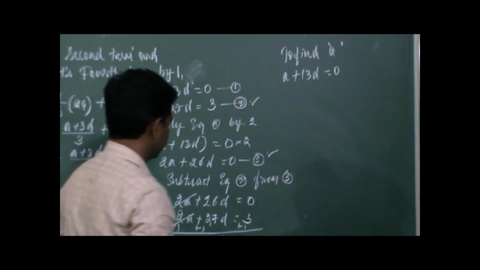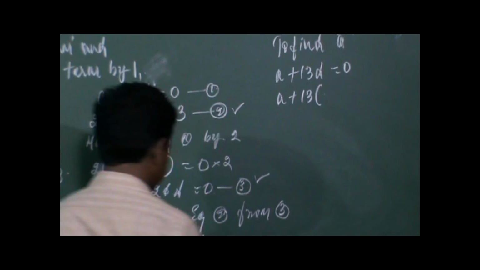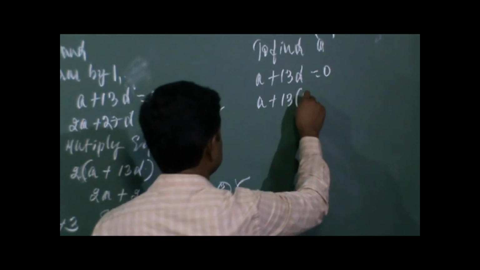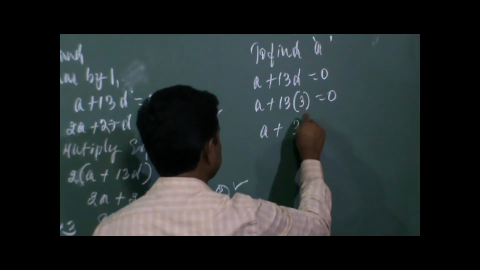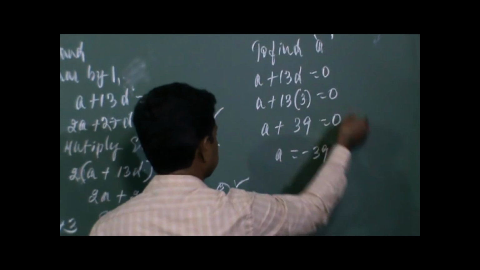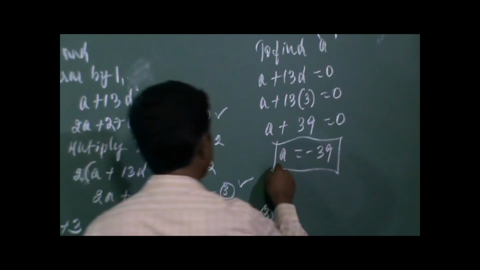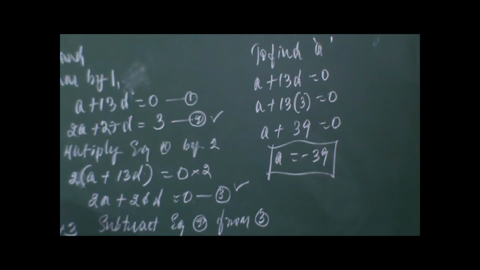So A plus 13 into D, which is 3, is equal to 0. A plus 13 threes is 39, is equal to 0. So A is equal to minus 39 when transposed to the RHS. So we have the value of D and we have the value of A.